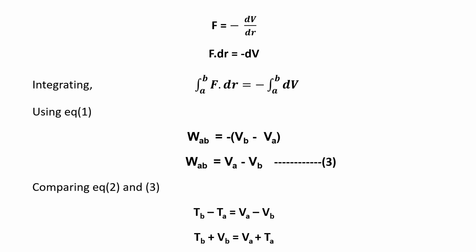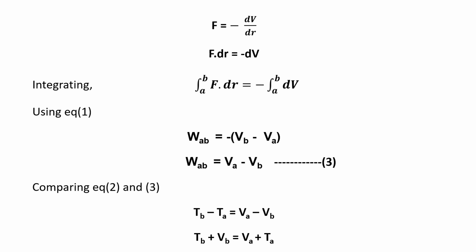Now for the energy to be conserved, these two equations can be equated. For the kinetic energy, we have the work done WAB equal to TB minus TA, and for the potential energy along the path AB, the work done is equal to VA minus VB.